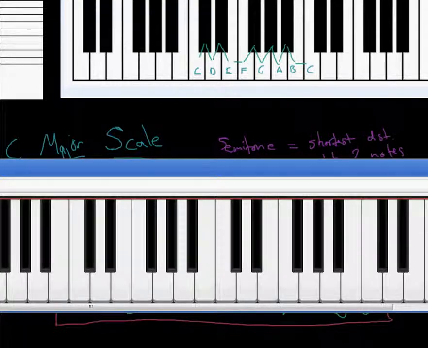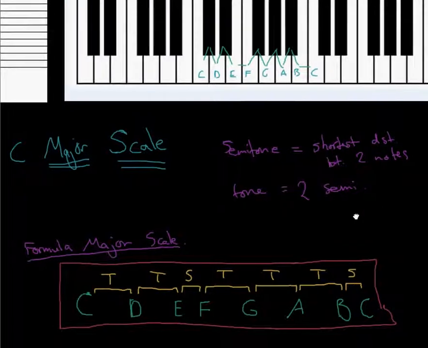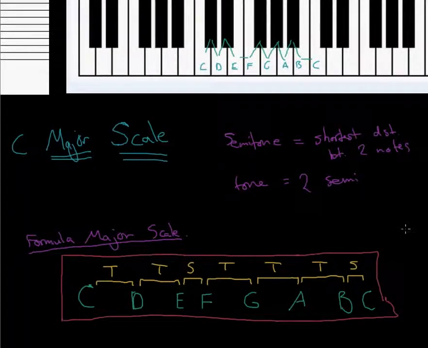Okay, so that right there is the formula to work out a major scale, and that's really something important to know. You should know that the formula for a major scale is tone, tone, semitone, tone, tone, tone, semitone from our starting note, and that's a real important one. Always do the starting note first.